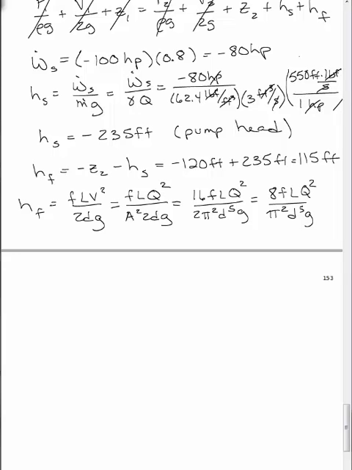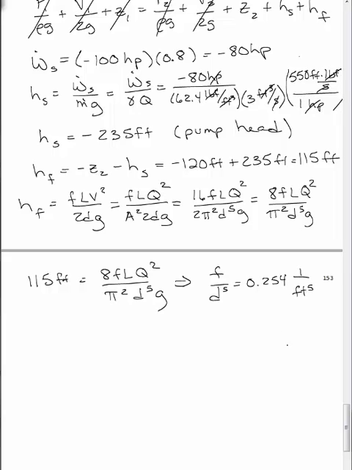F depends on D. If I just rearrange this equation, I know my HF is 115 feet, so right now I'm at 115 feet equals 8FLQ squared over pi squared D to the 5th G. If I rearrange that and plug in numbers, F over D to the 5th equals 0.254 1 over feet to the 5th. Problem here, I still have 2 unknowns. So what we need to do is figure out that F.